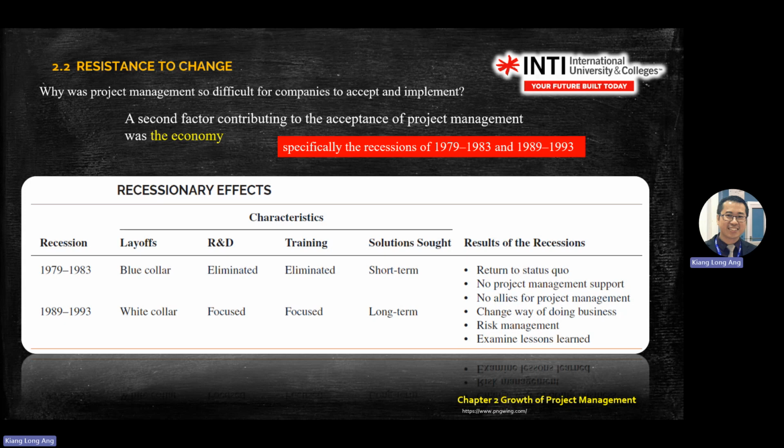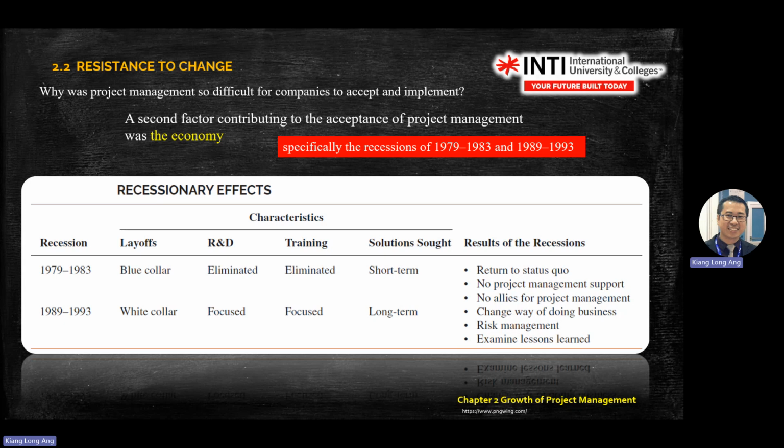In the first recession, the layoffs were blue collar, meaning factory workers. R&D was eliminated, they cut costs, and they eliminated training. They focused on survival mode, so whatever could sell, they did. So the solution sought was very short term.